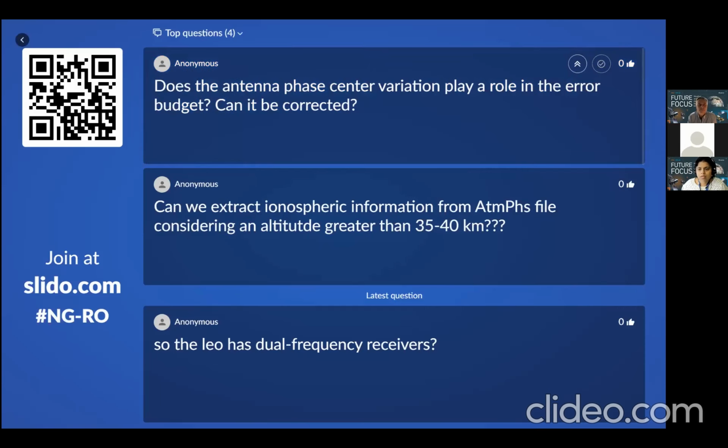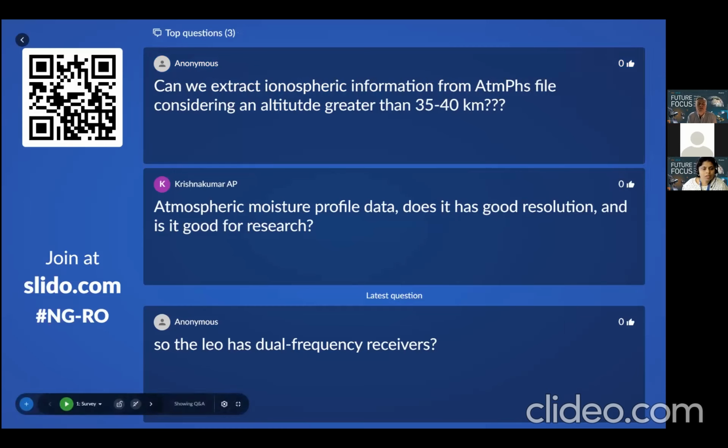The phase center variation. So can we extract ionospheric information from the phase file considering an altitude greater than 35? No, I don't think so, because the ATM phase file, the ATM is for the neutral atmosphere. This is a UCAR data format, and it's usually limited to data up to 120 kilometers.